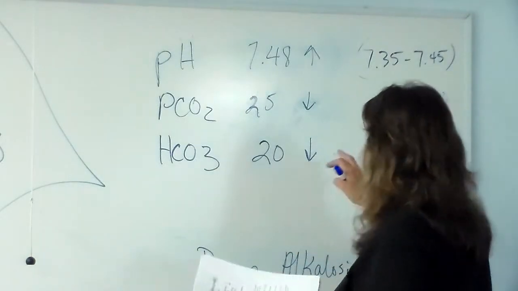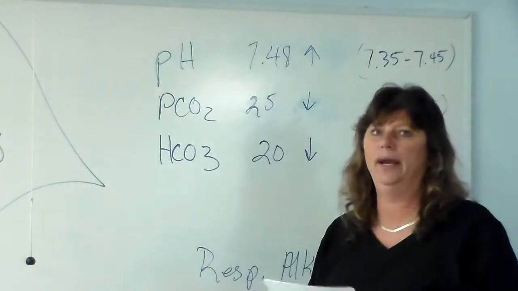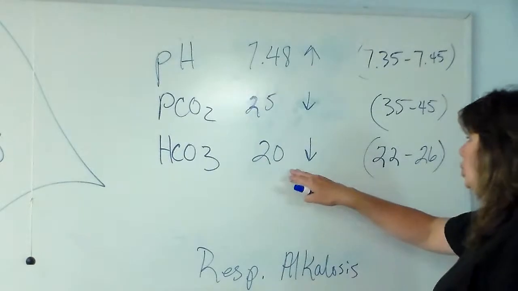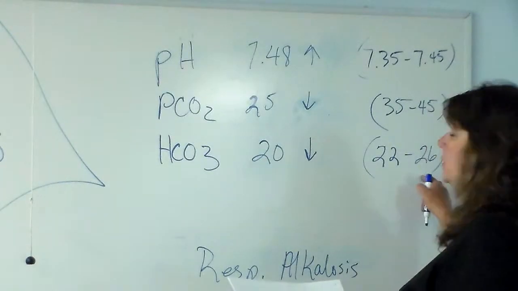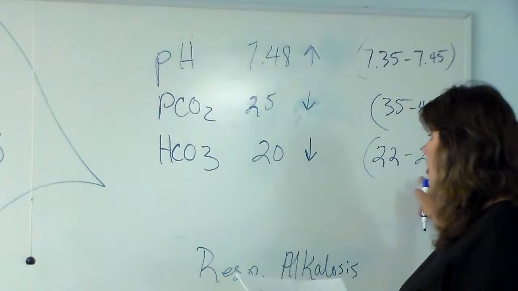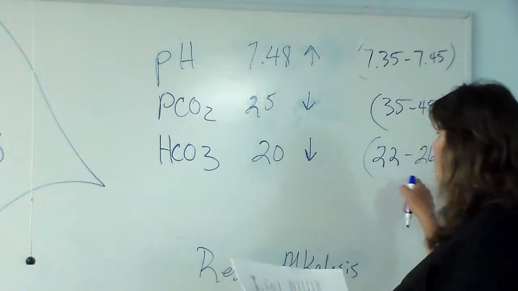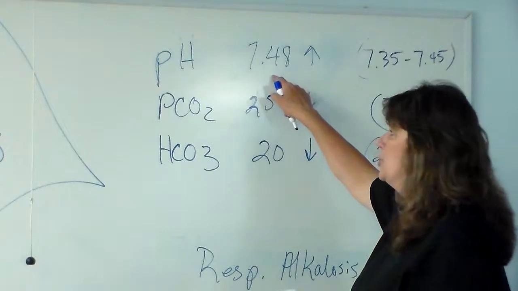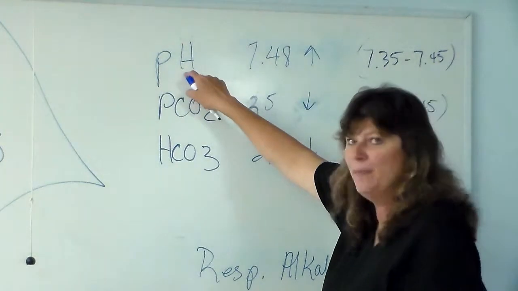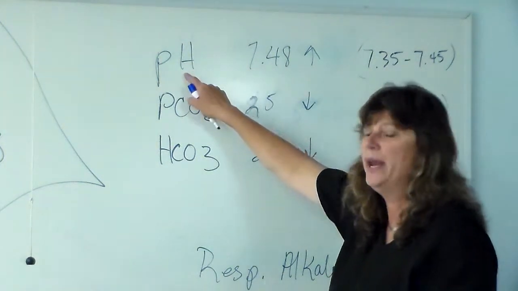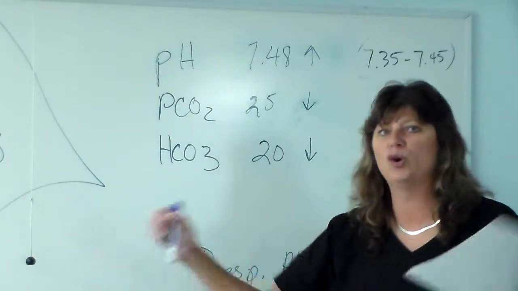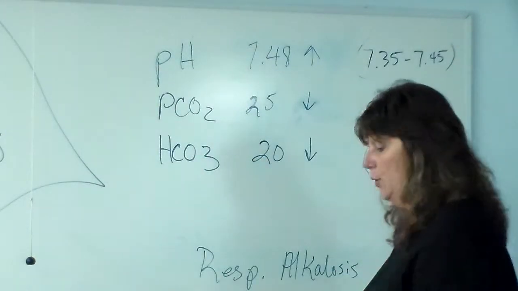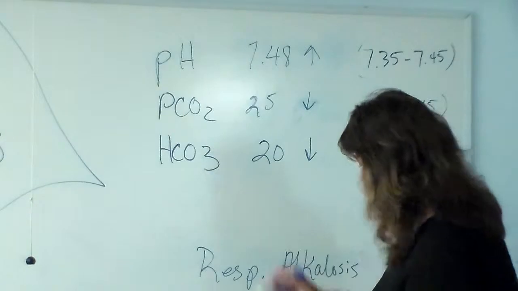And that's exactly what it is doing, all right? See how they are low, 22, 26 normal, okay? We're not getting rid of them like we should. We're hanging on to them. Why? To add some hydrogen ion acid back to this alkalosis and bring that pH back towards the normal range, okay? Back the other way, okay?